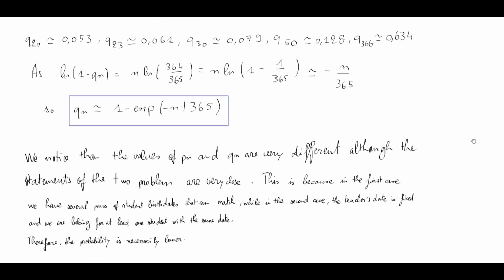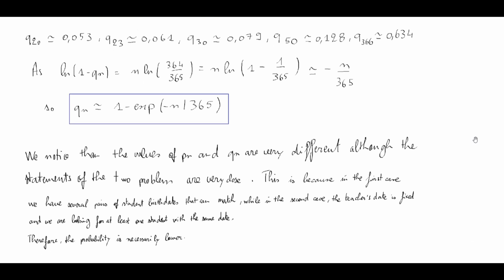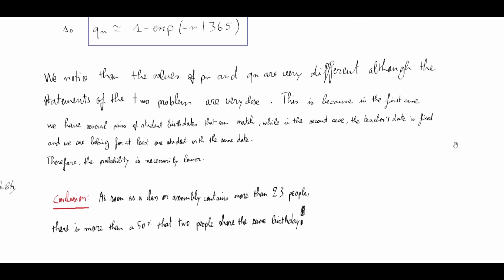We notice that the values of Pn and Qn are very different, although the statements of the two problems are very close. This is because in the first case, we have several pairs of student birth dates that can match, while in the second case, the teacher's date is fixed and we are looking for at least one student with the same date. Therefore, the probability is necessarily lower.